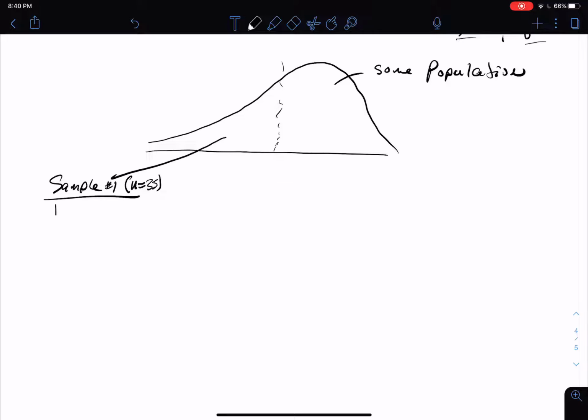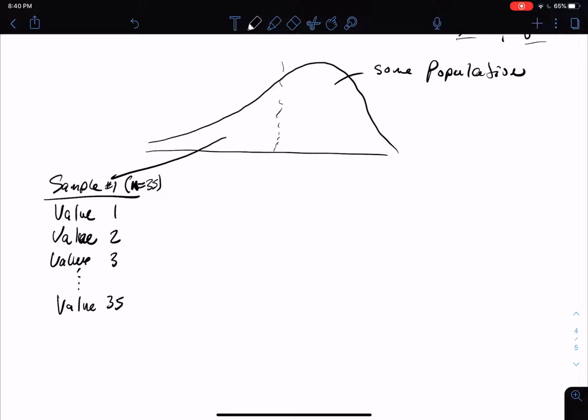When you sample, you get a value number 1, like maybe a guy's height, and you simple random sample another, get another height, another value. You do that all the way down to value number 35, because we're doing n equals 35.